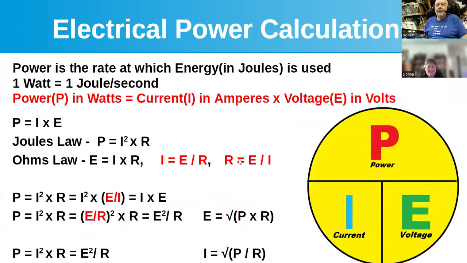Do you remember this pie chart from the technician? Power is equal to current times voltage, or voltage times current. Well, we're going to add another one. Joule's law says that power is also equal to the current squared times the resistance.